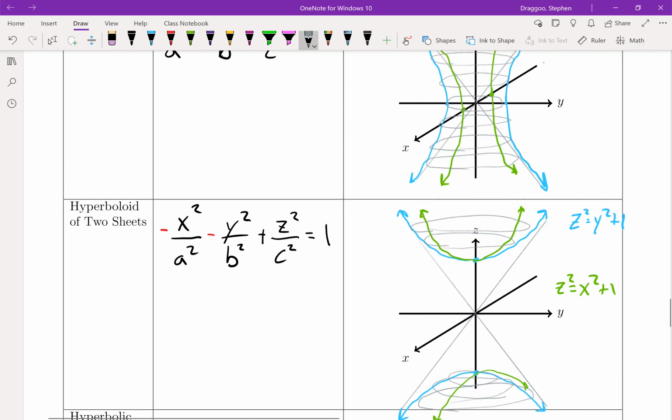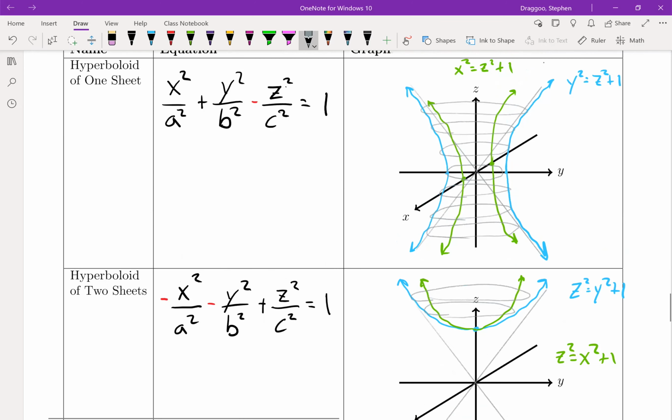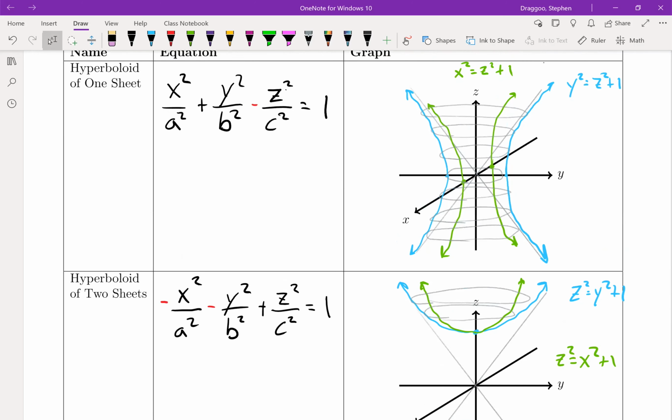And another easy way to check if I have a hyperboloid of 1 or 2 sheets is to see how many axes actually intersect with the surface. So if I check the hyperboloid of 1 sheet up at the top, I have an intersection along the x-axis. I can plug in the point (1, 0, 0) and have a solution, since 1 squared plus 0 is 1.